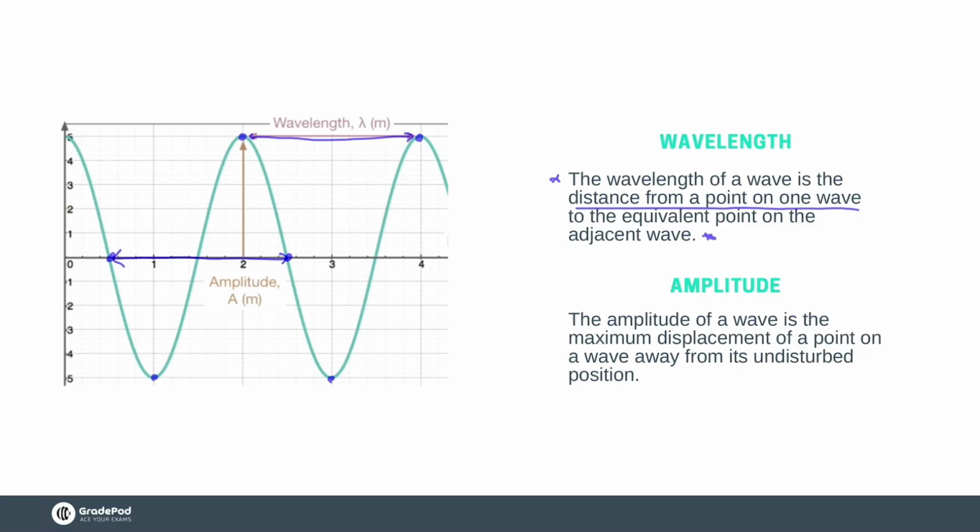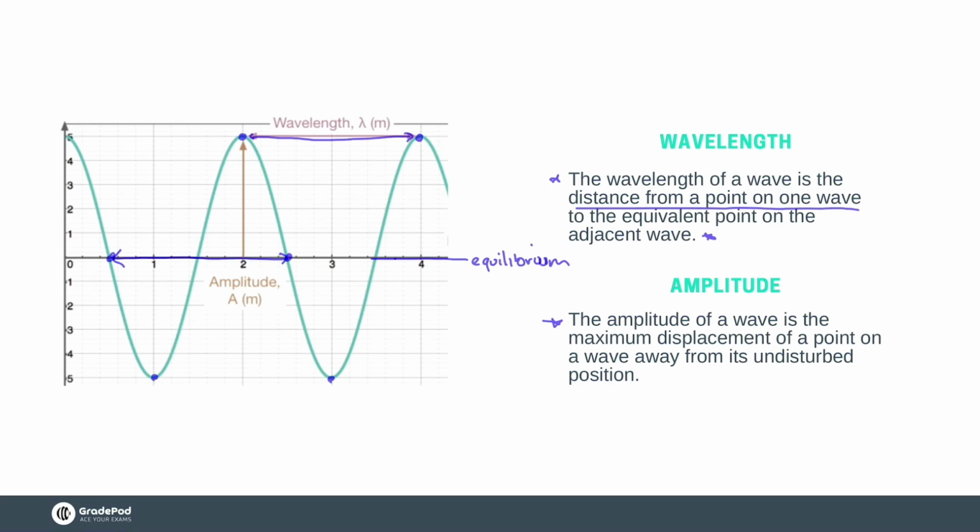The next characteristic of a wave is the amplitude, and the amplitude of a wave is the maximum displacement of a point on a wave away from its undisturbed position. Gosh, that sounds difficult. Well, the undisturbed position is here, otherwise known as the equilibrium. If the wave wasn't propagating and nothing was causing the wave to move, then all the particles would just be sitting on the equilibrium position.